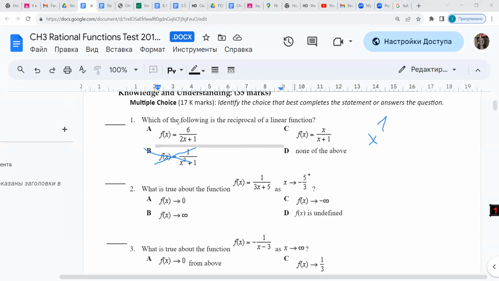Secondly, for a linear function, we should remember that the numerator is supposed to be a digit, not a variable. If you see a variable in the numerator, it won't be a linear dependency, because if you take a reciprocal of this, you're going to see x plus 1 divided by x, which in result gives you 1 plus 1 over x, which is not a linear dependence.